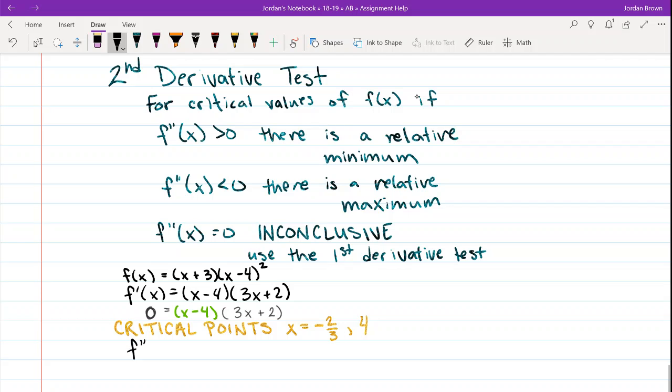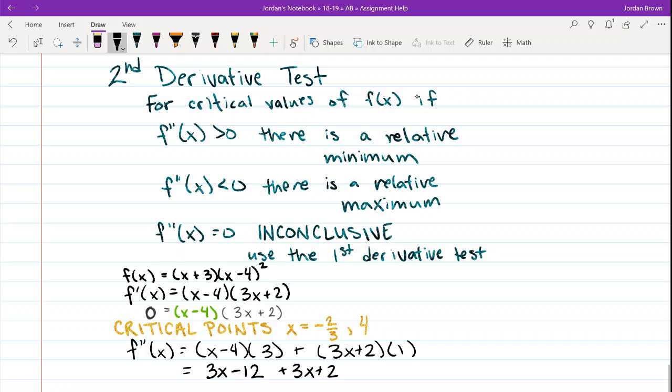Second derivative. There we go. F double prime of x. First derivative times second derivative plus second derivative times first derivative. Now I don't see anything that I can factor out, so I'm just going to simplify and expand. 3x minus 12 plus 3x plus 2.